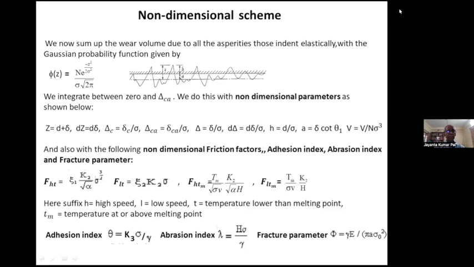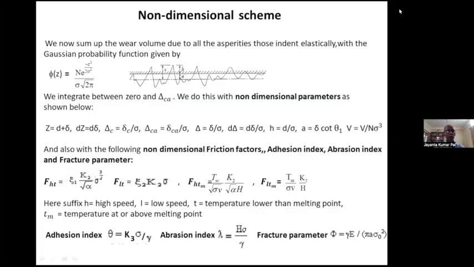So these are the 4 expressions given earlier in our discussion, and we use these for convenience in our formulation.